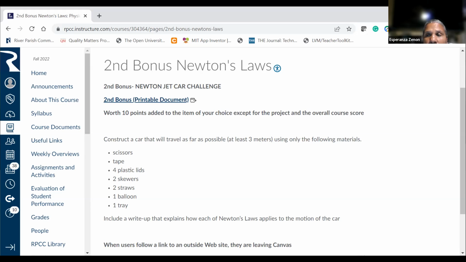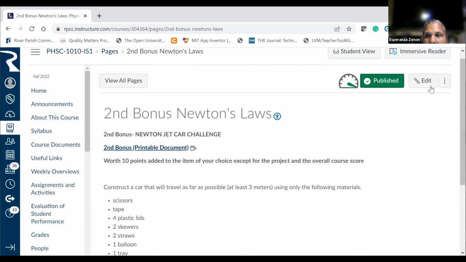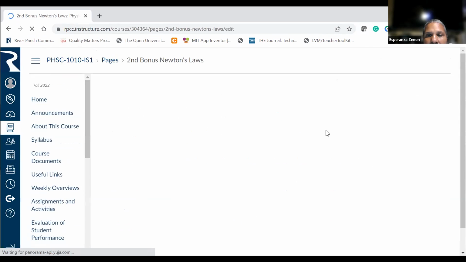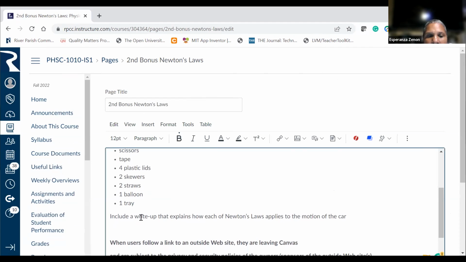So what you have to do is build a car, and of course, I have to see evidence that you built the car. I guess I should add that to the listing here. Sometimes I take it for granted.